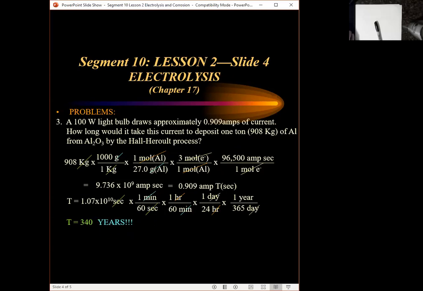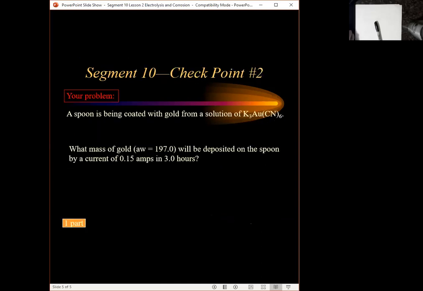It would take 340 years for a 100-watt light bulb to draw as much current as we use in making just 1 ton of aluminum. And the aluminum plant up in Kentucky, not far from here, does probably several tons a day. So you can imagine whenever that plant goes online, it probably dims all of the light bulbs in the whole county.